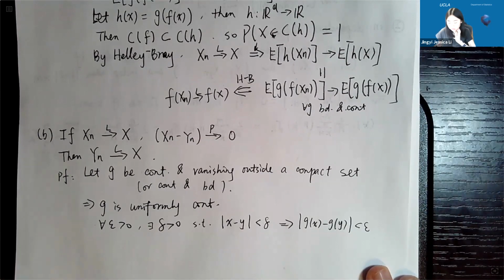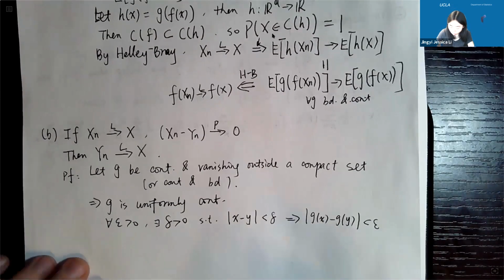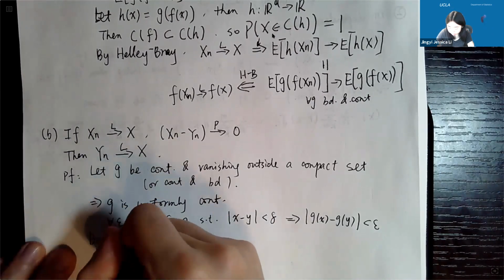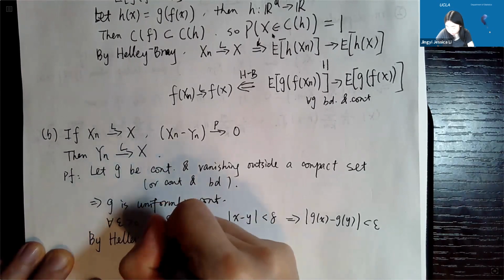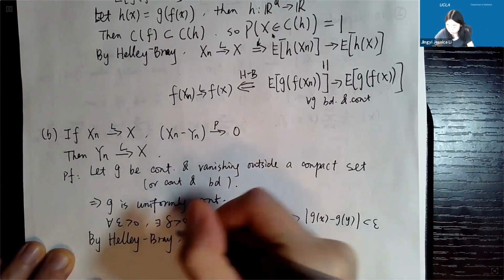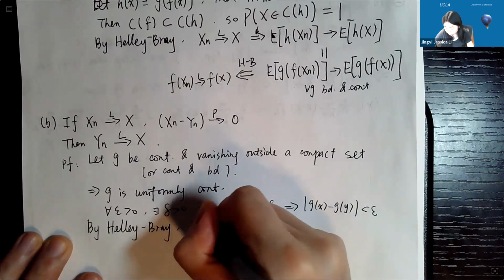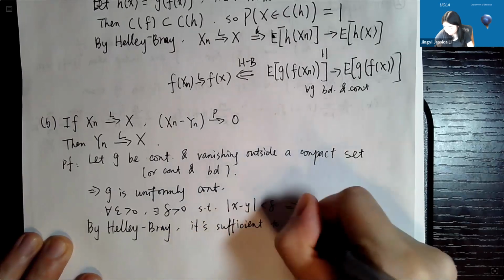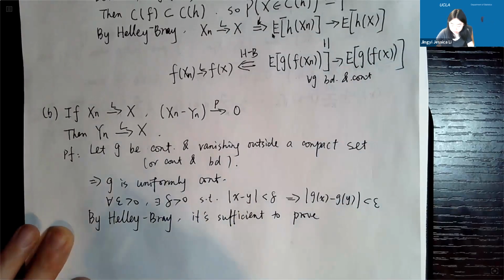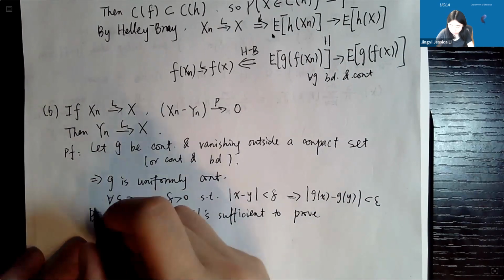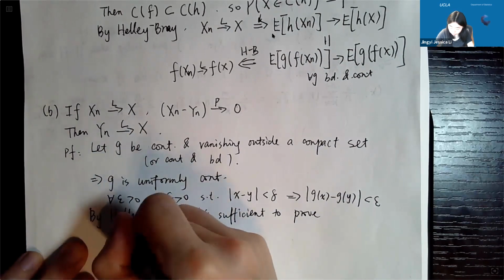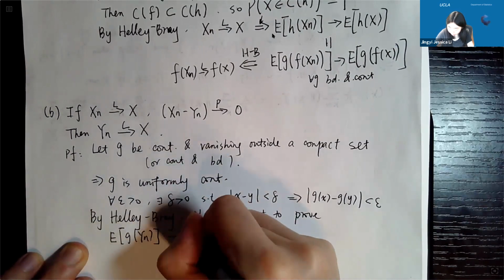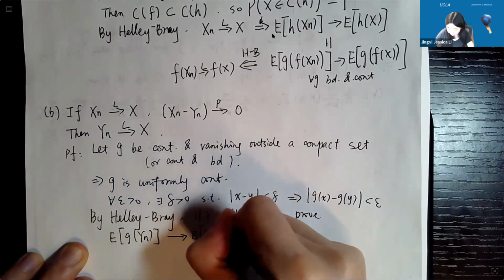So what I want to show is, by Portmanteau, it is sufficient to prove that the expectation of g(yn) converges to the expectation of g(x), right?